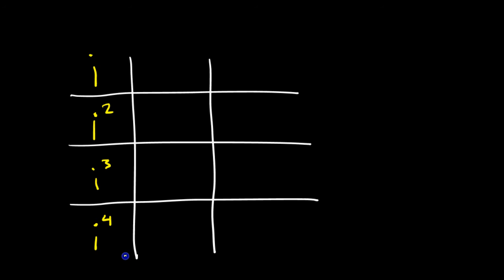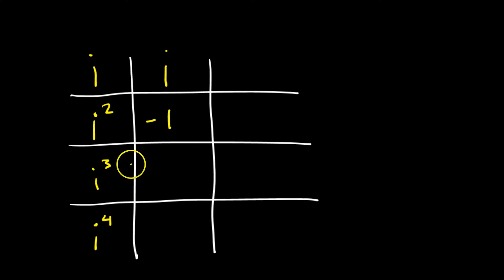After that, it begins to repeat. Now, i cannot be simplified, so i is just i. But i squared is equal to negative 1. So that's a fact that you basically memorize.